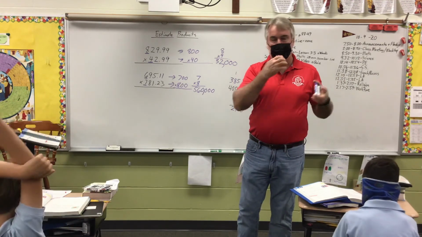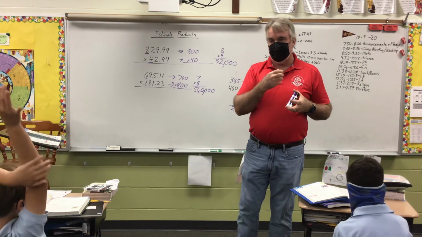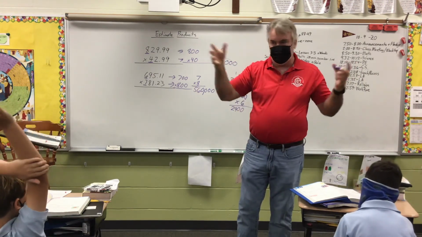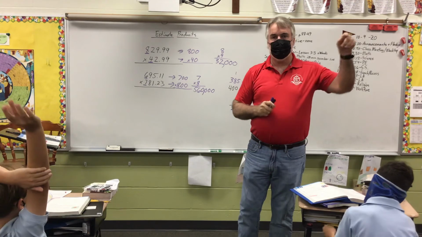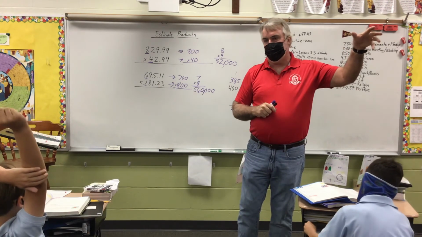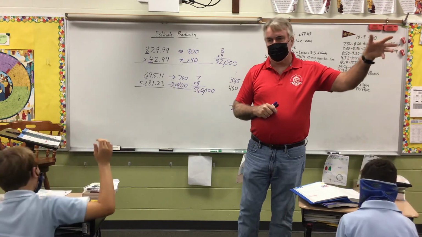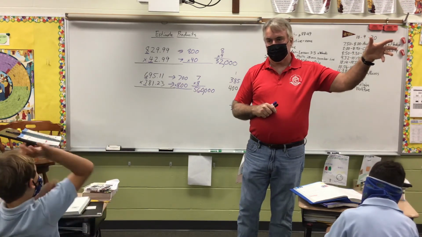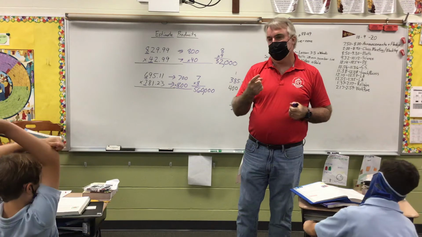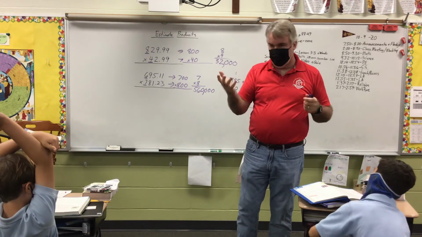So if you have a business and each table in your restaurant is going to be spending about $40, and you've got 8 tables in your restaurant, in one sitting, which is each hour.